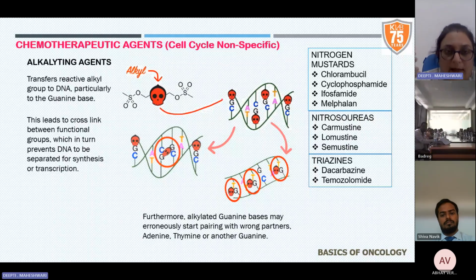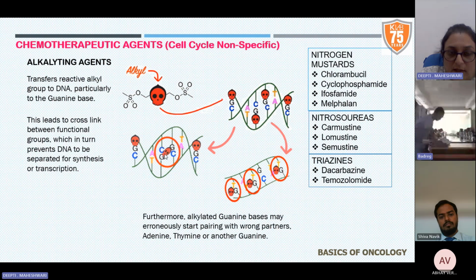They go and bind themselves to the guanine base because they have a free radical. If they bind to the guanine bases, they can cause cross linkages, which in turn will prevent the DNA from separating. See, this is going and attaching itself to the guanine base, and here also it is going and attaching itself.